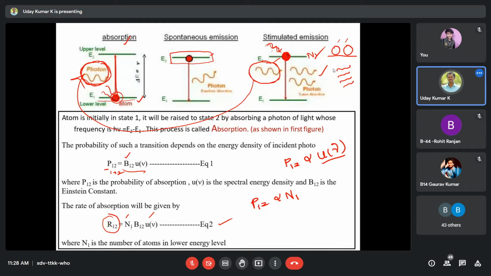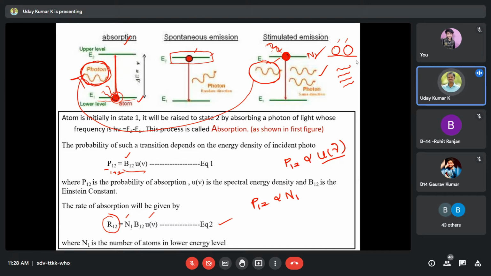Now in spontaneous emission, what happens? There is only one photon taken, it goes to the higher energy level, and while it comes back, one photon is released. That's all. Whereas in stimulated emission, when you expose external light while the atom is in the higher energy level, you get the stimulated emission process.